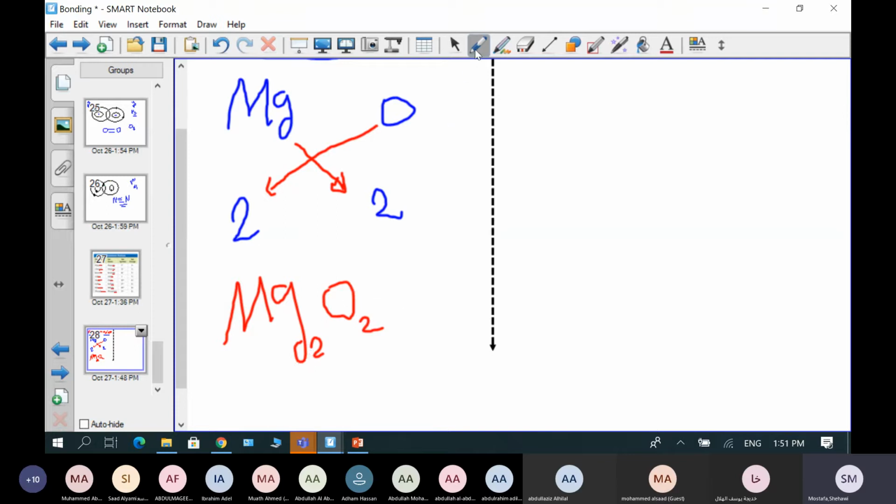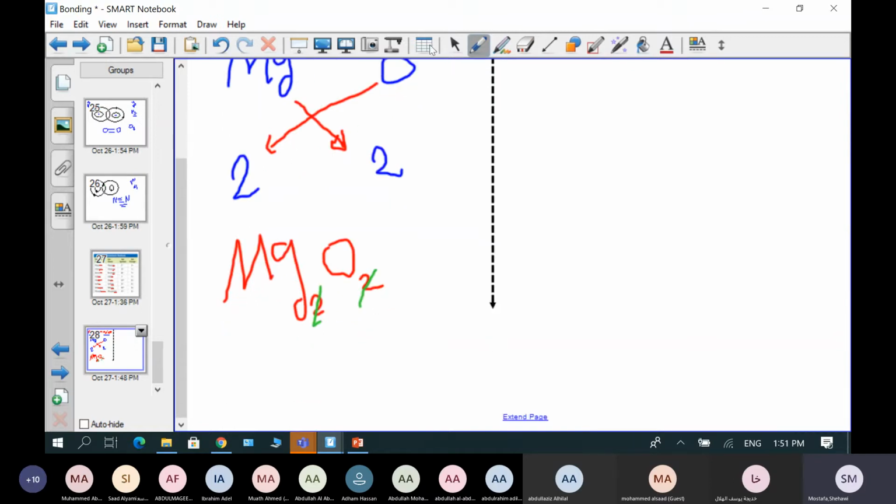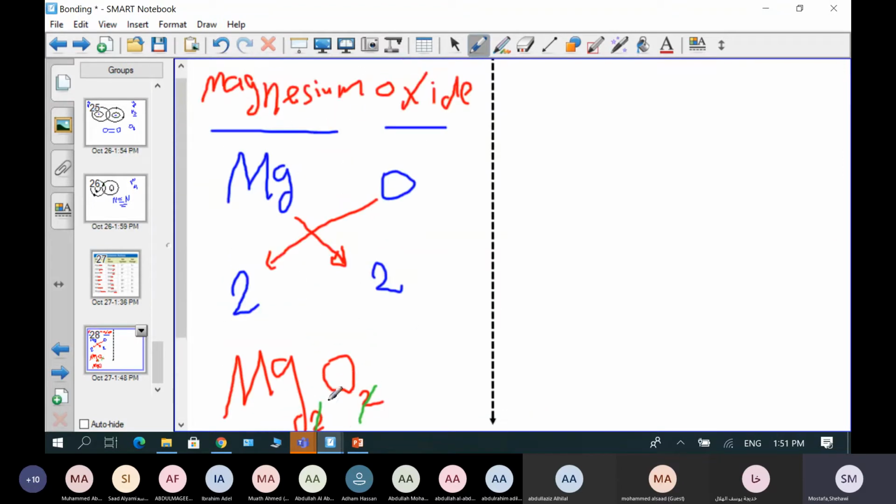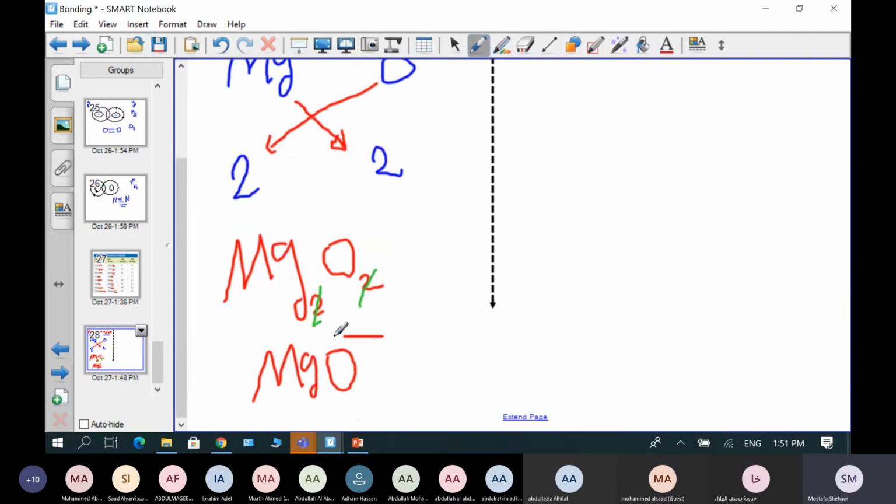This 2 can be cancelled with this 2. So we will have the formula for magnesium oxide, MgO, capital M, small g, capital O for oxygen. This is the way to name an ionic compound, or any compound by the way, but mainly ionic compounds, starting from the name itself and ending up with the chemical formula.